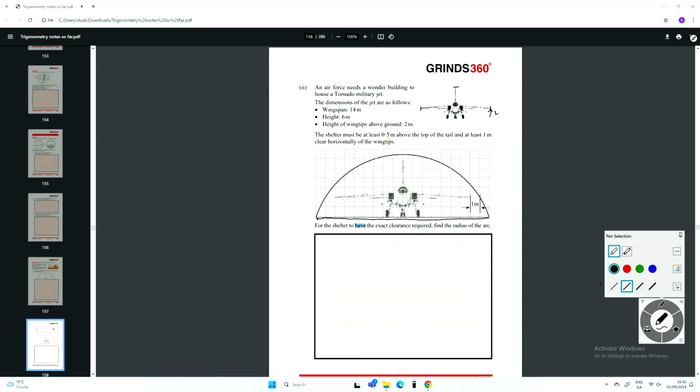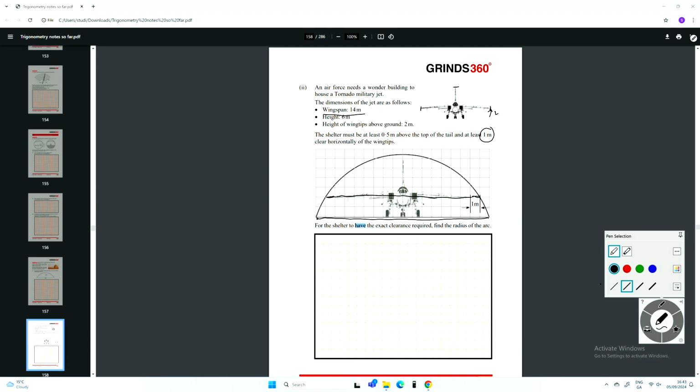I know the wingspan is 14 meters. On the diagram, that goes from here across to here. See it? There's the 14-meter wingspan. And it says the shelter has to be at least 1 meter clear horizontally of the wingtips. So we need 1 meter on this end, which is marked in the diagram, and 1 meter on that end.